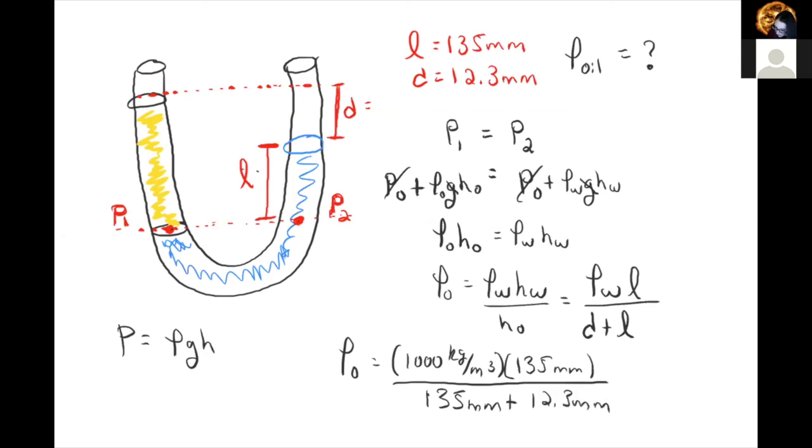And it's okay that I use millimeters instead of meters because the units of millimeters are going to cancel on top and bottom here. So then this tells us that the density of the oil column, or the density of this oil in our experiment here, is 916 kilograms per meter cubed, only a little bit less dense than water.